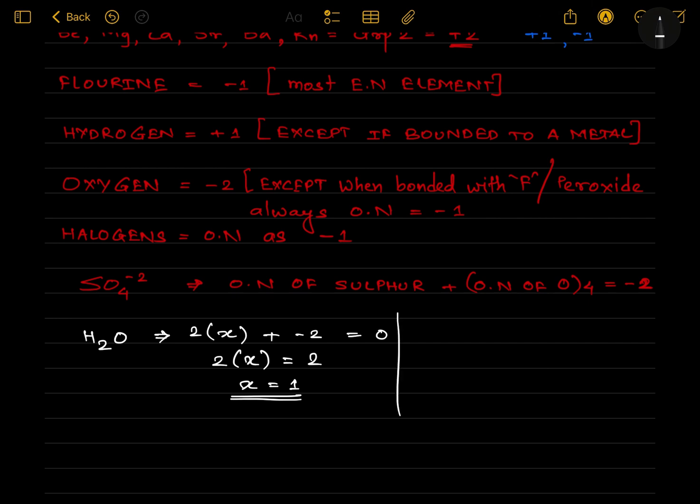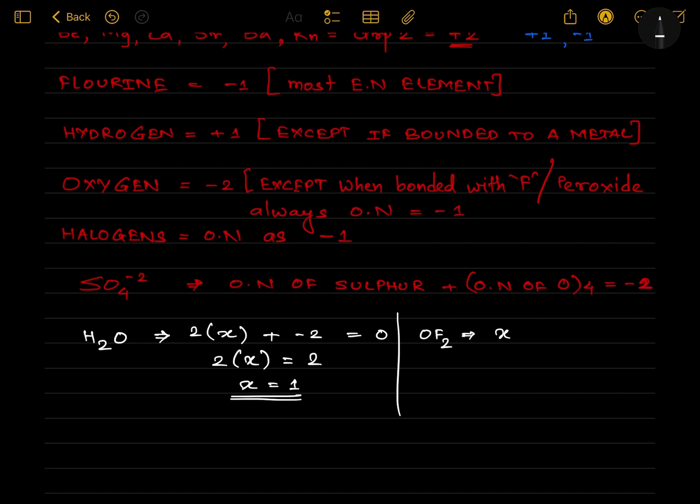But if this same oxygen, who loves to have an oxidation state of -2, is combined with a more electronegative element like fluorine, what would happen? Let's take an example, something like OF2. Let's assume that I don't know the oxidation state of oxygen, so I form an equation.